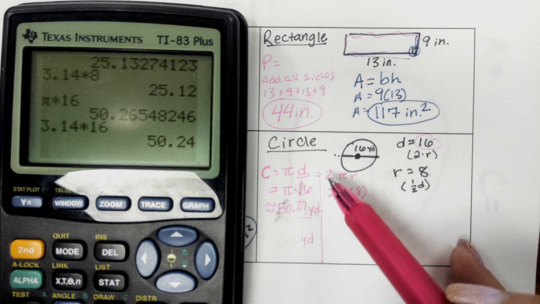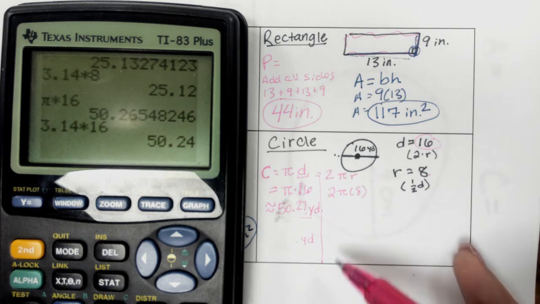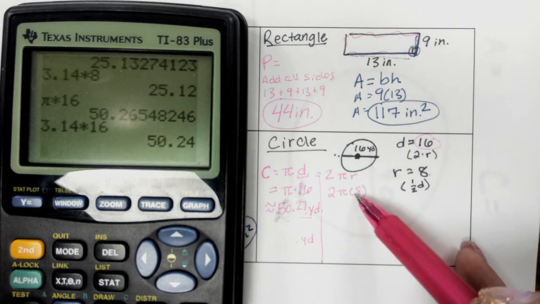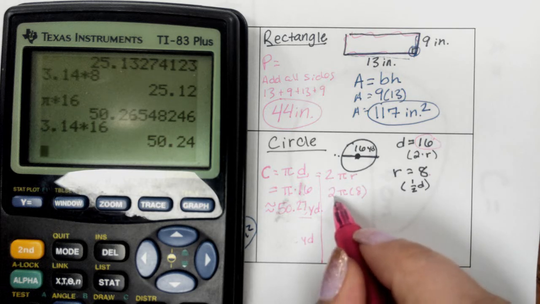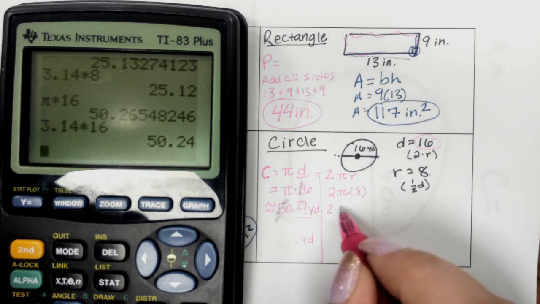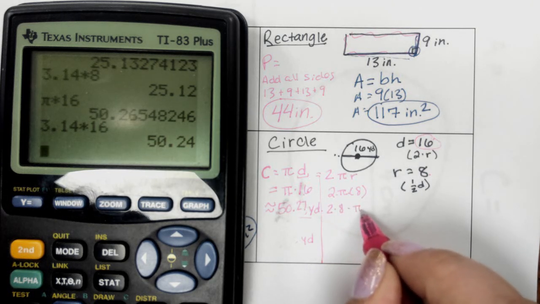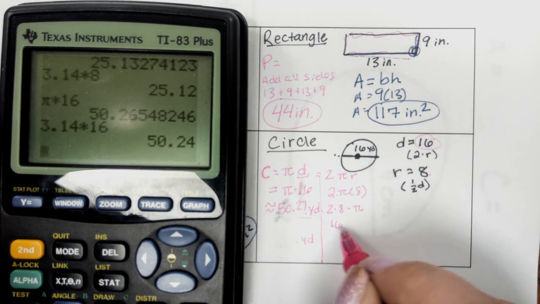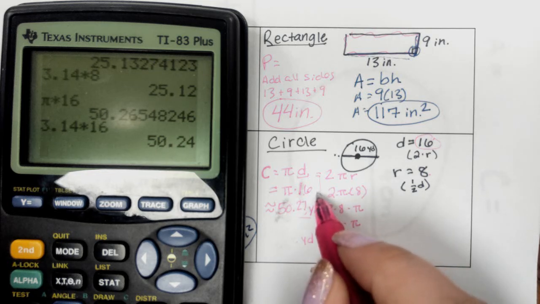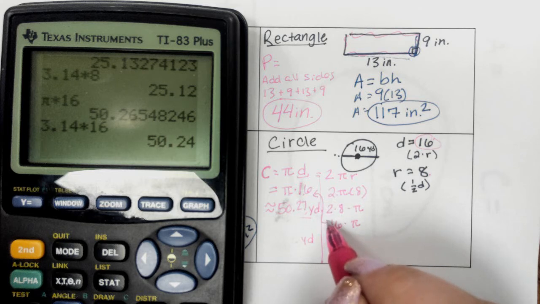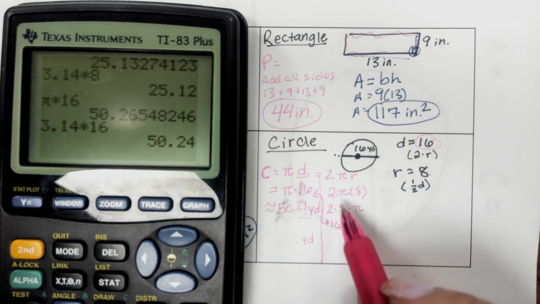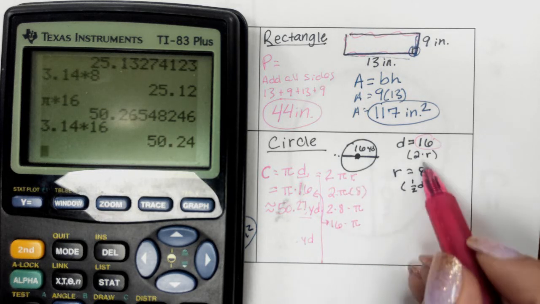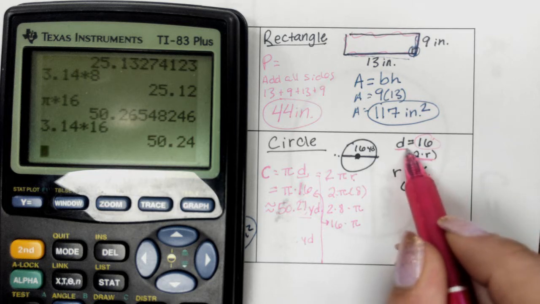The other way we could calculate is using the formula 2 times pi times r. That is 2 times pi times 8. If I rearrange my multiplication, we get 2 times 8 times pi. 2 times 8 is 16 times pi. And now we have the exact same formula here. 2 times r gets us the diameter.